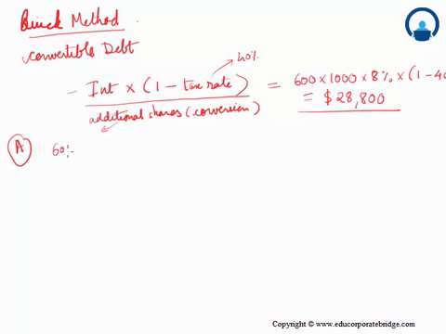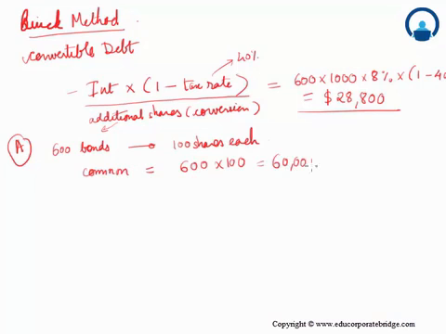Now the first case is about the additional number of shares. The first case that we had was the dilutive one, where each of the 600 bonds got converted into 100 shares. So what happened to the denominator? The total number of common shares that will be issued is 600 times 100, which is 60,000. Let's calculate the numerator divided by the denominator: $28,800 divided by 60,000.